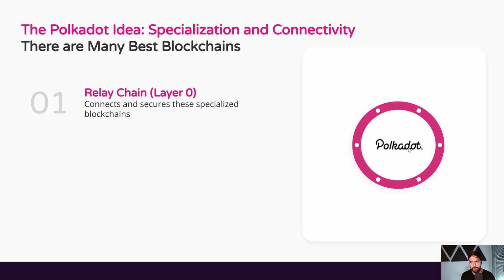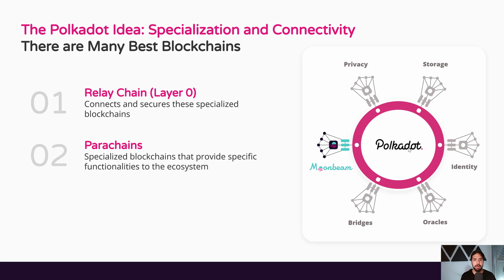The second component of this architecture is the parachains, and the term comes from parallel blockchains. The idea here is that you'll have specialized blockchains that provide a specific functionality to the ecosystem. So you won't have one parachain that does everything. You'll have a parachain that is particularly providing a service to the entire ecosystem.